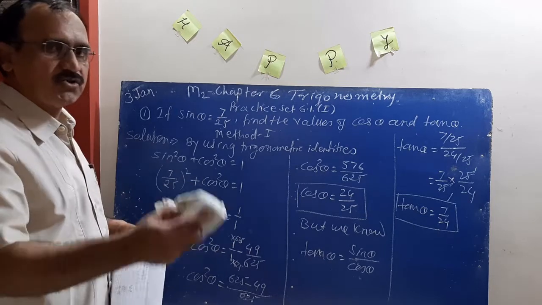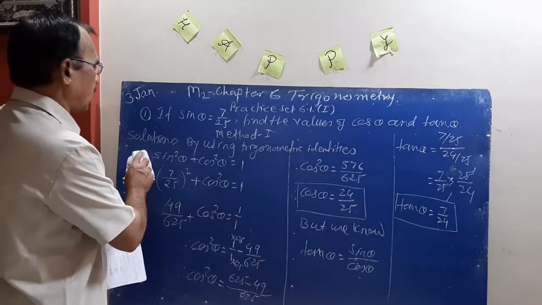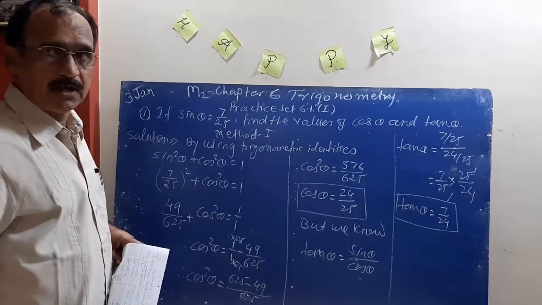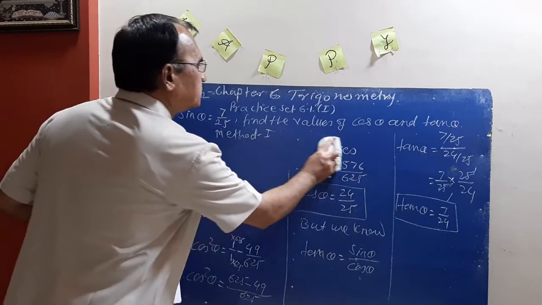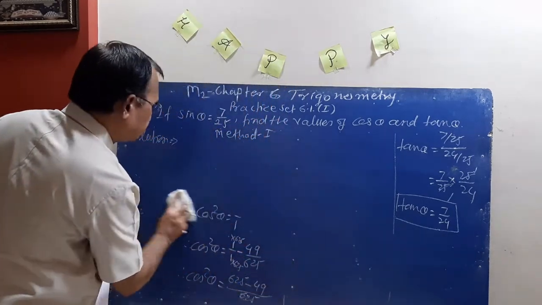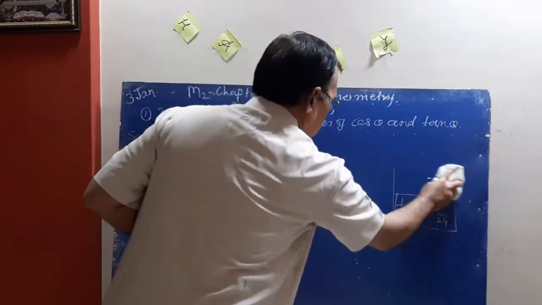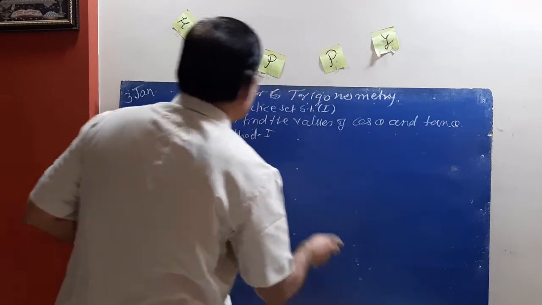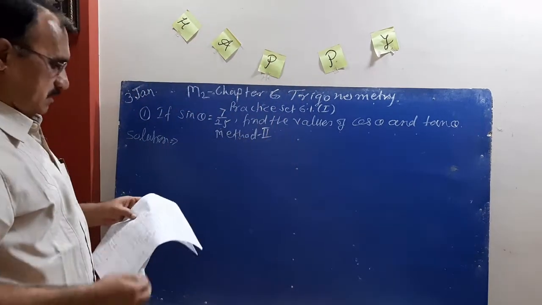Now, without using trigonometric identities, means with the help of a right angle triangle. Any problem in this example? Okay, write down. Now write method 2nd.